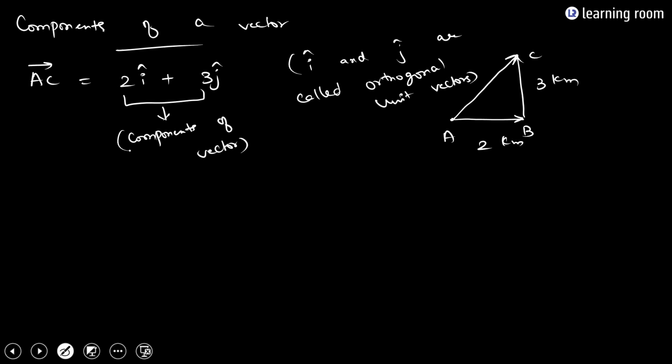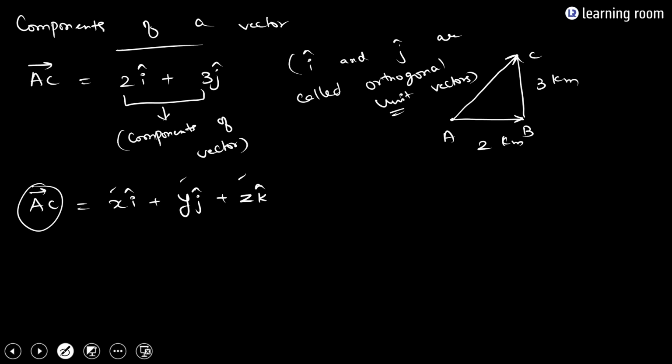right? So if I write AC vector, it can be written as x i cap plus y j cap plus z k cap, where i, j, k are orthogonal unit vectors in the direction of x, y, z respectively, and x, y, and z are going to be the components of AC vector. AC can be anything.